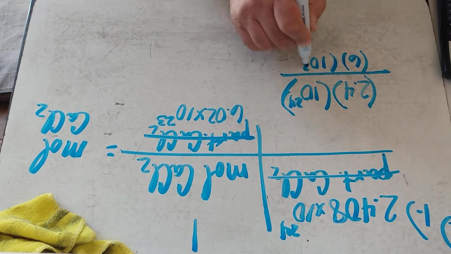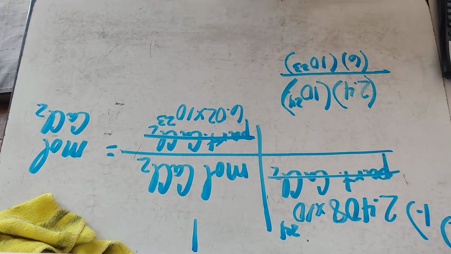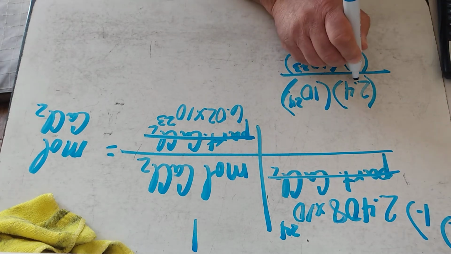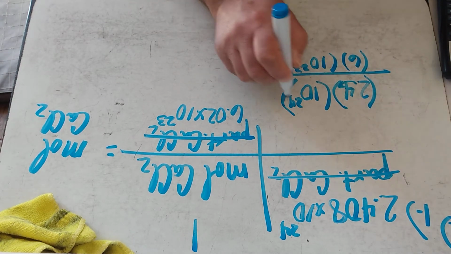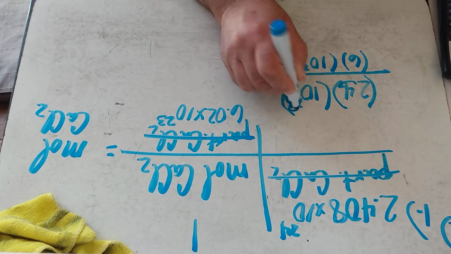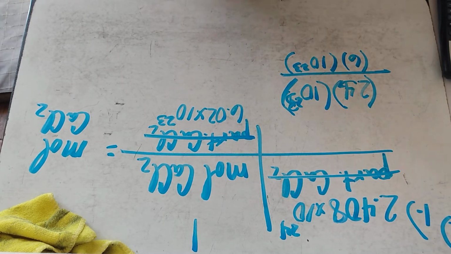Times 10 to the 23rd. Now, there's a couple ways that we could do this. If you'll notice here, if we move this back, we could change this to 23. Does that make sense? That might be one of the best ways to do this.